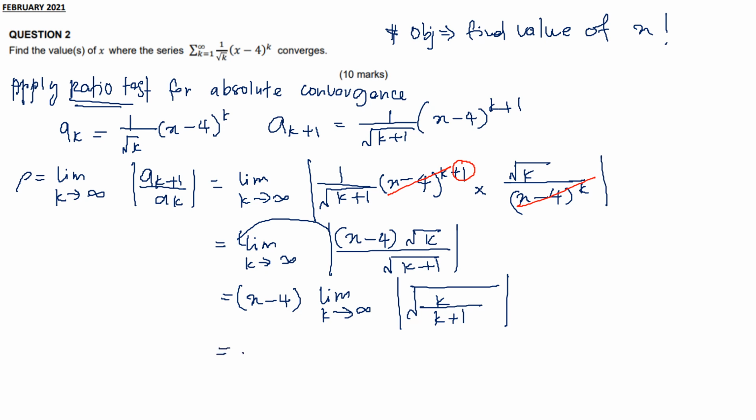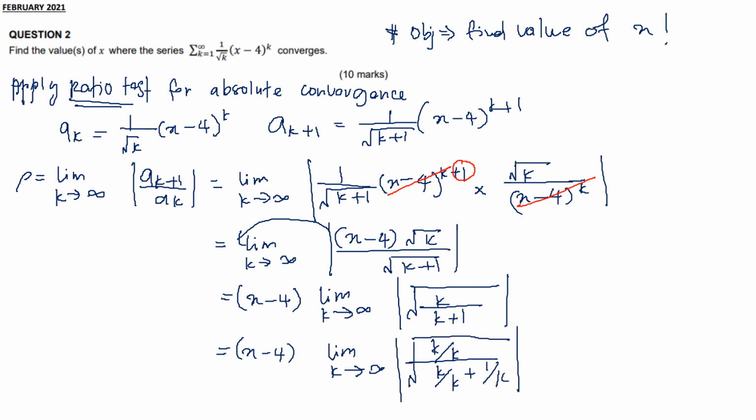Then you solve by dividing by the highest power of the denominator, k over k divided by k plus 1 over k, inside the square root. Don't forget to write this. After you solve, you will get 1 over 1 plus 0, so you get square root of 1, which is 1.